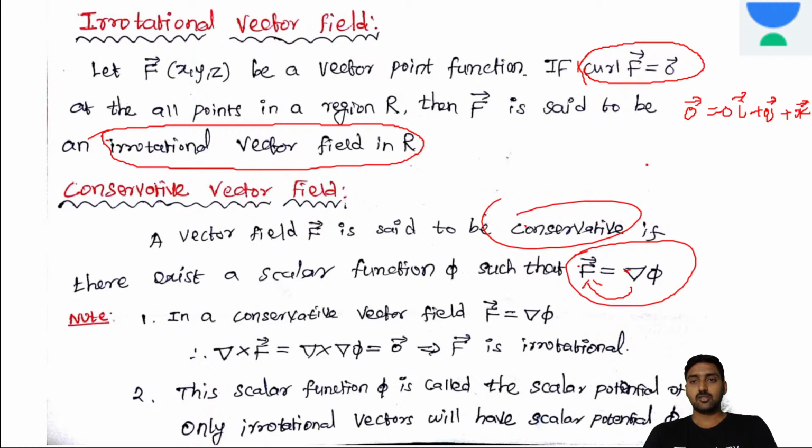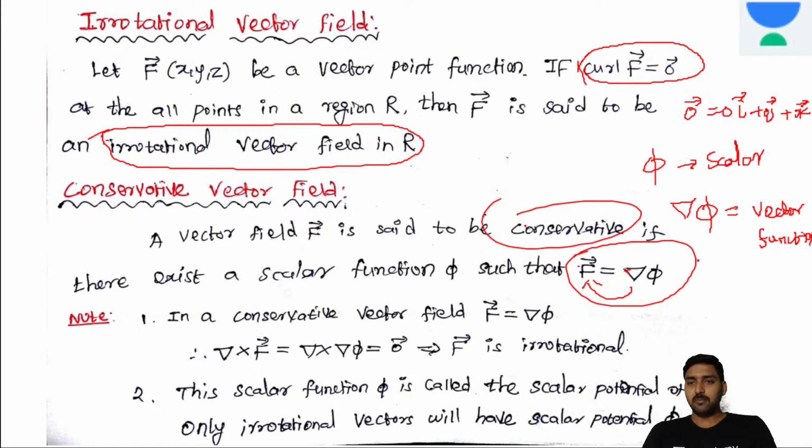Whenever we apply the del operator to a scalar, we get a vector point function. This is what we discussed in the previous video.